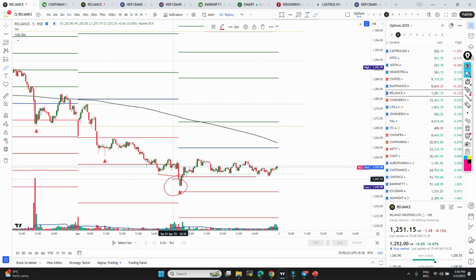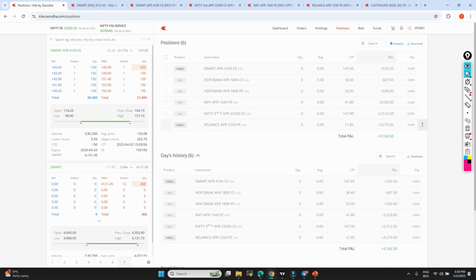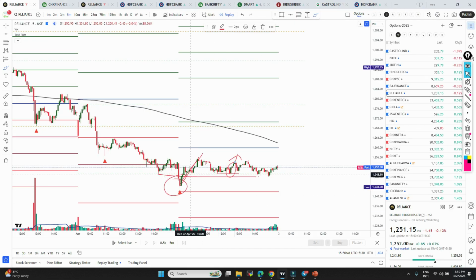Here the trap is created. Based on this trap, the market will definitely go up. I wanted to capture it here. I attempted some small trades here and captured Reliance at 3275. This is the trap.